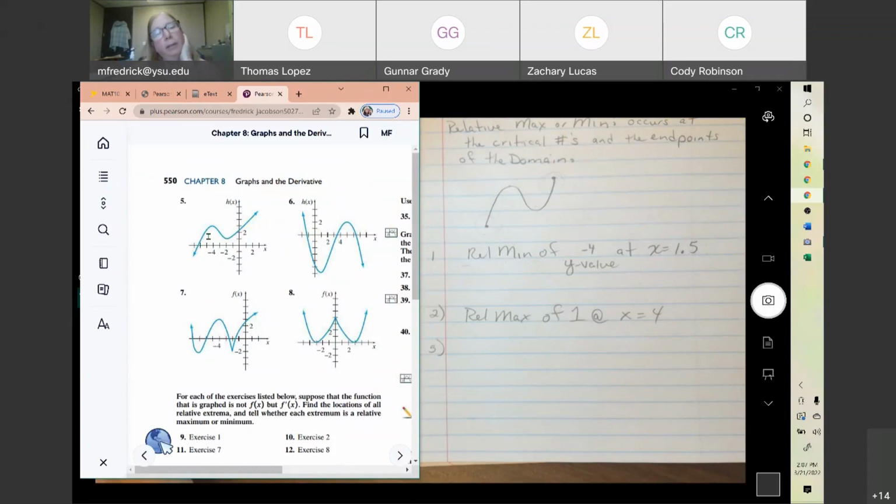Notice there the increasing and decreasing change at 2 different spots. It's increasing to here, then it's decreasing, and then it's increasing. So there are 2 critical values. Looking at the leftmost, where x is -4, would that be a max or a min? Anyone?